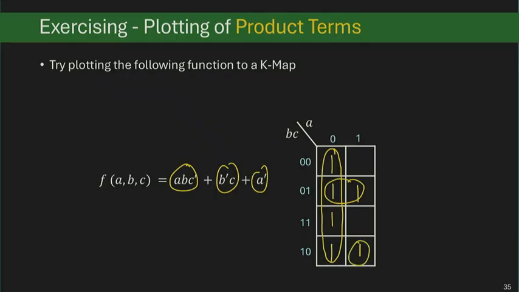Do you think this expression is minimal? It's not minimal? Why? Yes, this bottom right term, A B C prime, is not the best way to group together adjacent ones. You can regroup by including its neighboring cell into a larger term, and this term will be represented by BC prime.